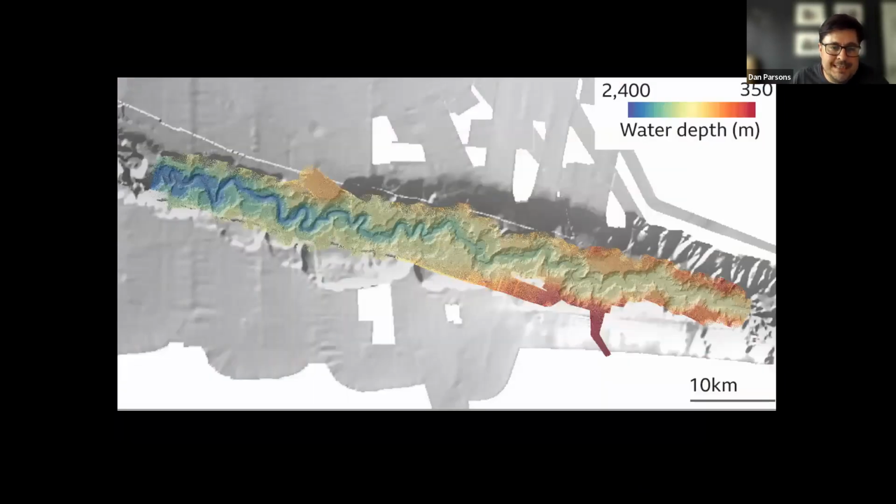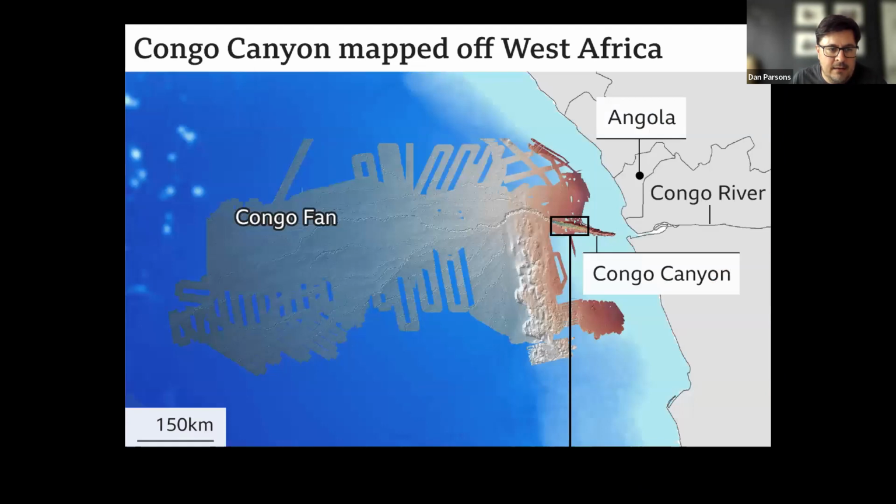We went in and put a series of moorings all down through the system, 9 of them in total, spanning from up near the head of the canyon system all the way down, way beyond this plot, right out onto the fan, where the channel becomes largely indistinguishable from the plain.